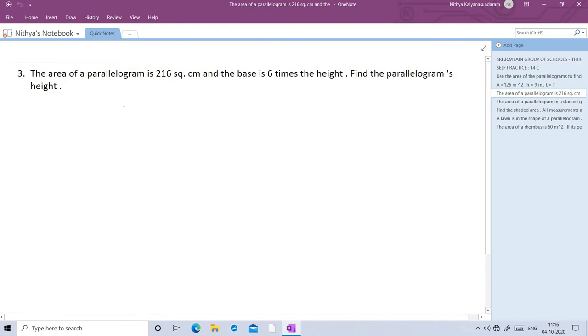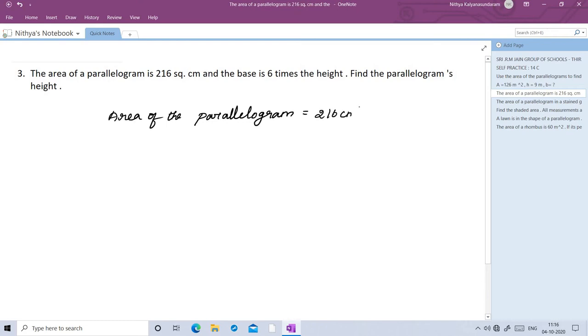Next question. The area of the parallelogram is 216 square centimeter and the base is 6 times the height. Find the parallelogram height. So area of the parallelogram is 216 centimeter square, base is 6 times height. Height is not given, so that only we want to find out.